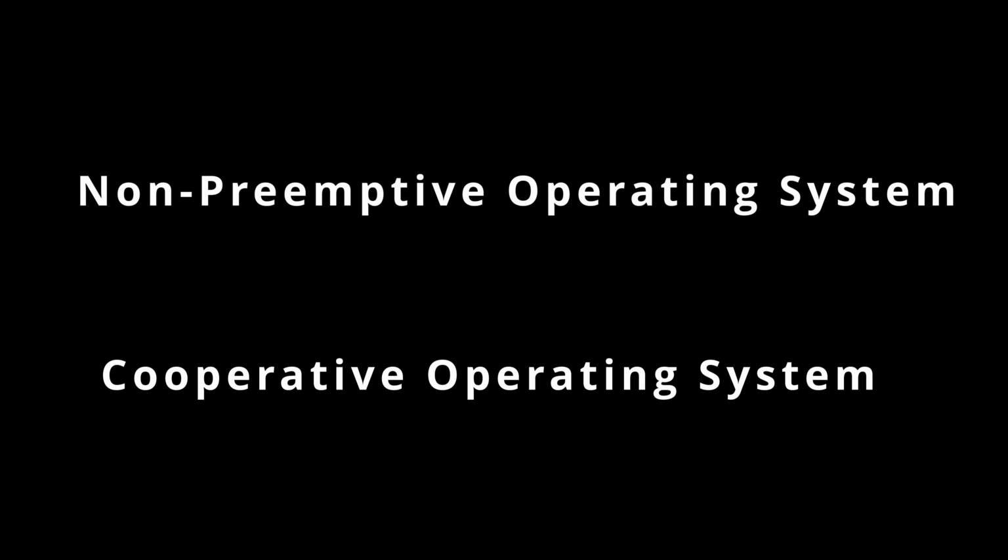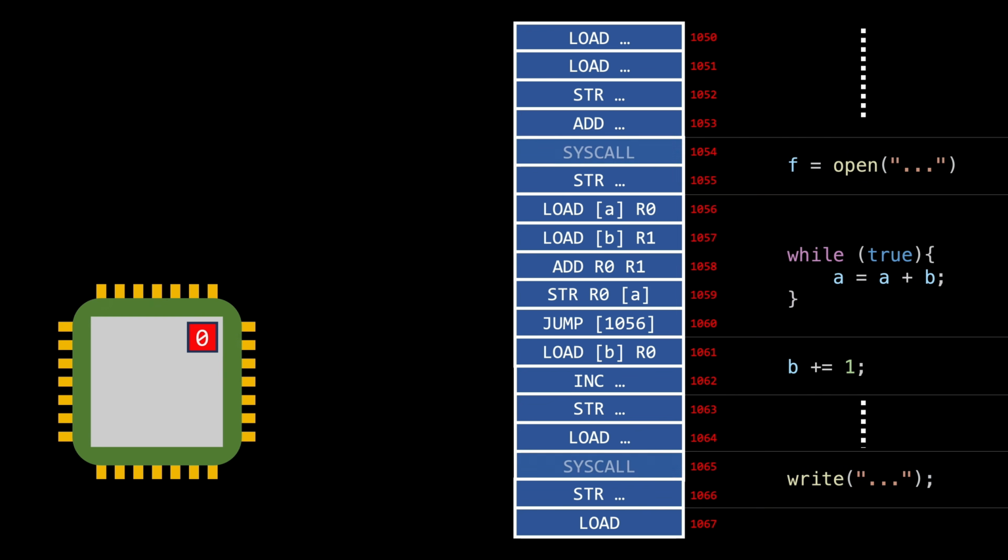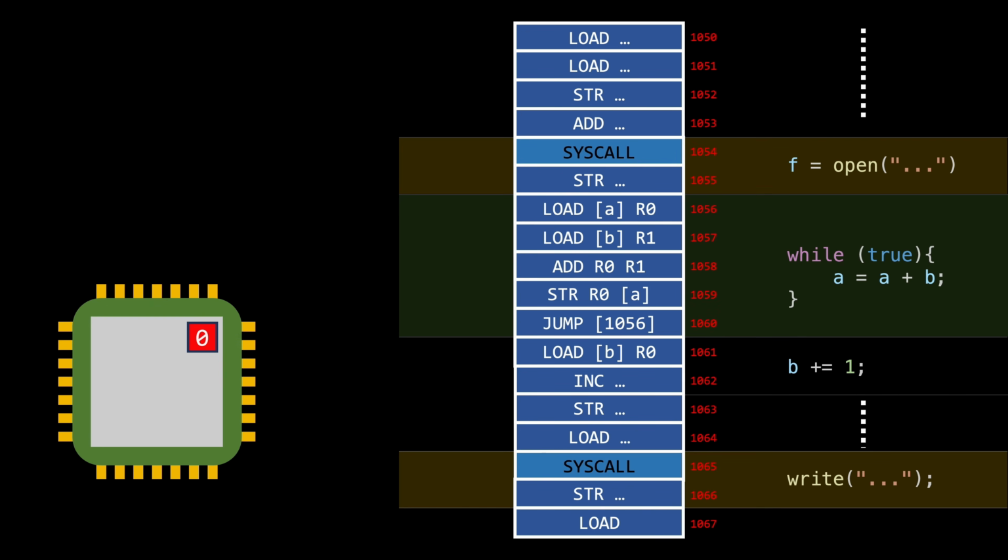When an operating system relies on the cooperation of user programs to regain control and perform management tasks, it is classified as a non-preemptive or cooperative operating system. This type of general-purpose operating system is no longer used because there is a big problem with them. Think about a program that contains an infinite loop without any system calls inside.